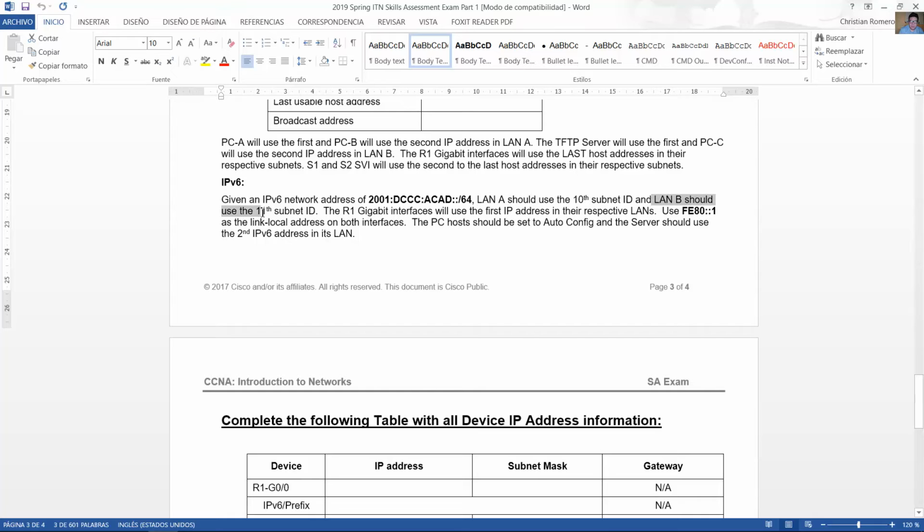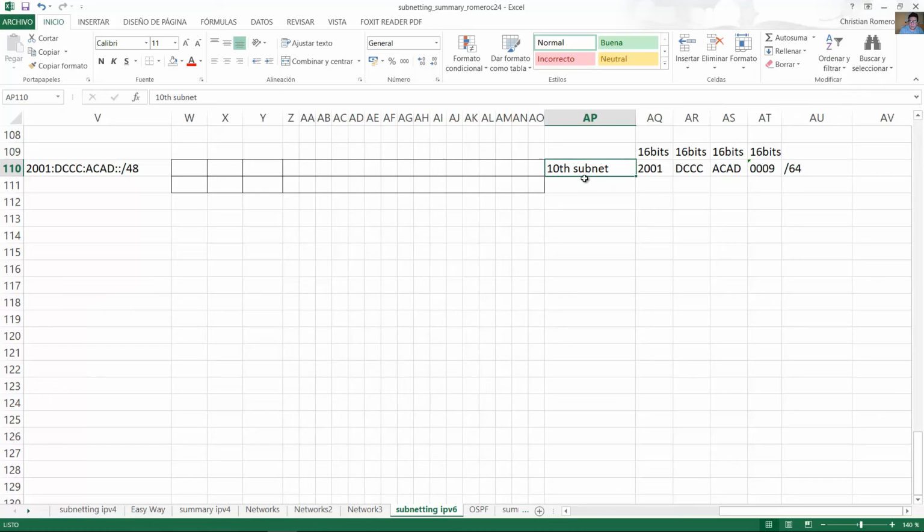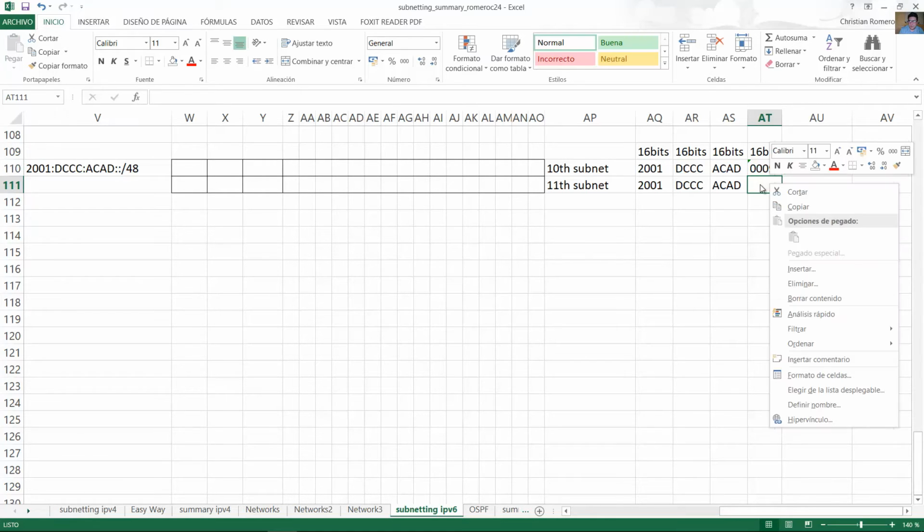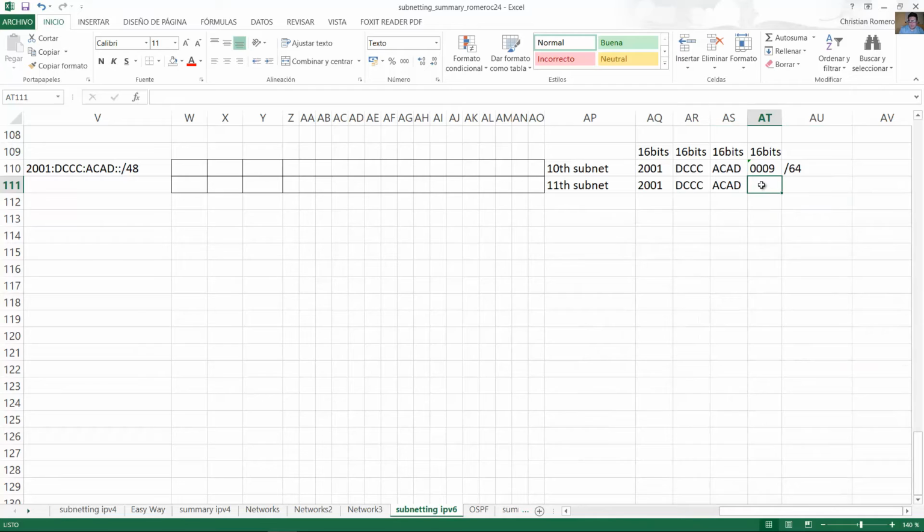LAN B should use the 11th subnet ID. Remember, IPv6 uses hexadecimal numbers.